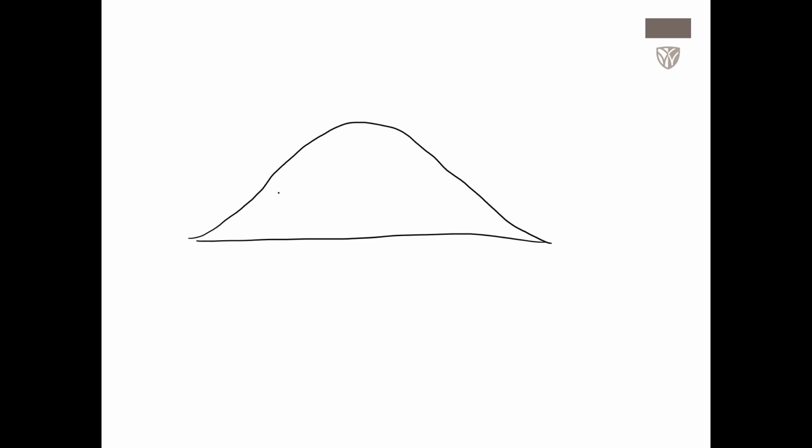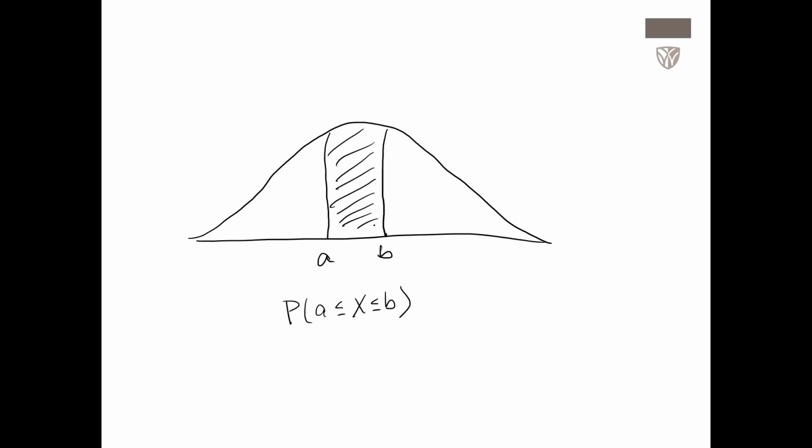Probabilities are represented as areas under the curve. So if I wanted to know the probability that my random variable, which we'll call x, is between a and b, I would find the area under that curve. You may remember in integral calculus we can just integrate between a and b, and that would give us the area under the curve, which would be equal to the probability.